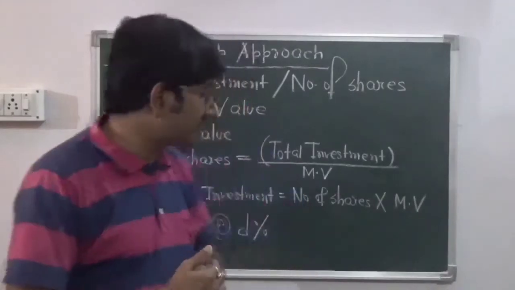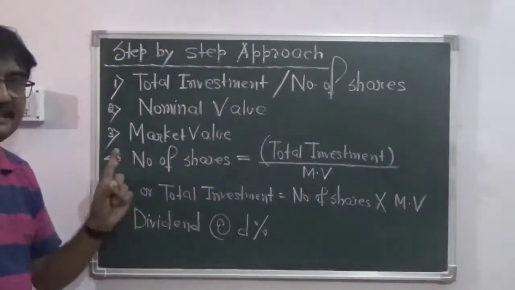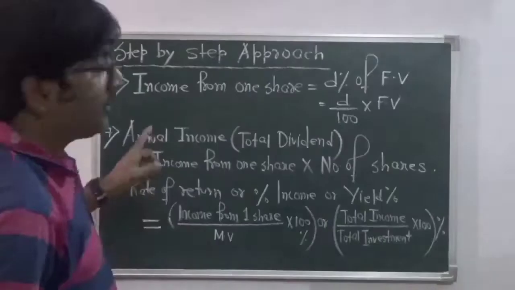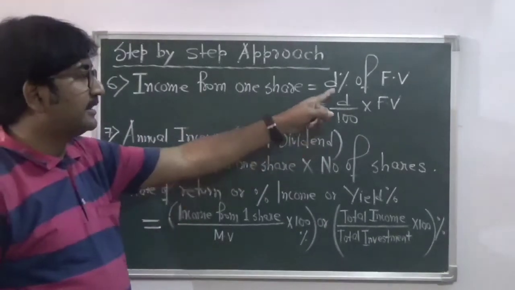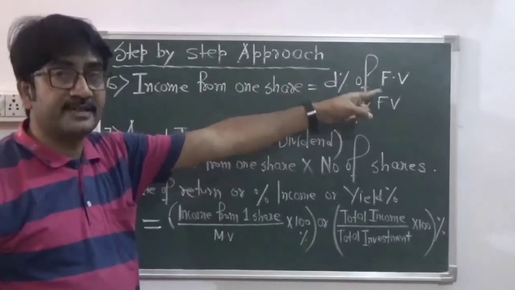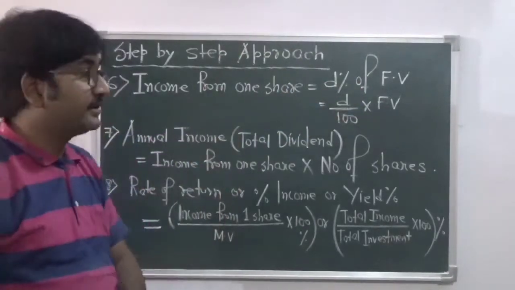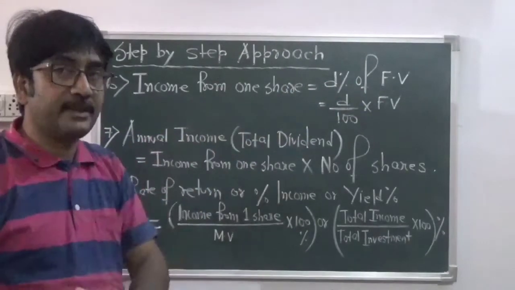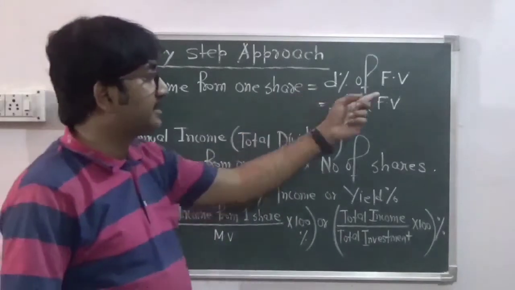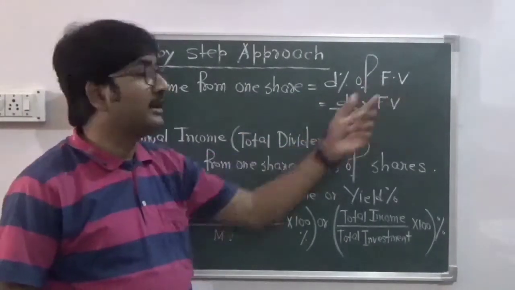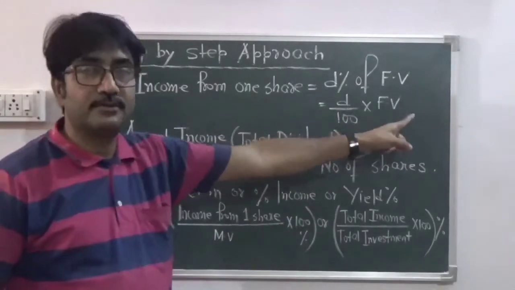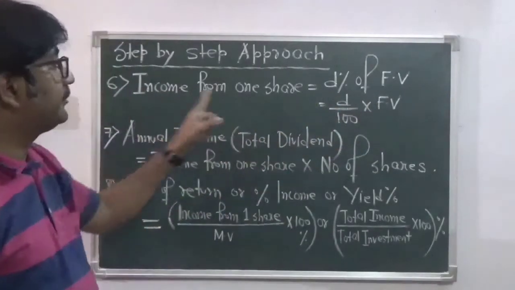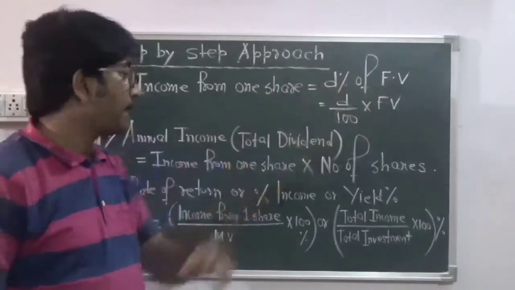Now we move on to point number 6, the income from one share, that is dividend percent of the face value. As we have already known, the dividend is calculated on the face value, so the income from one share is D by 100 into the face value.